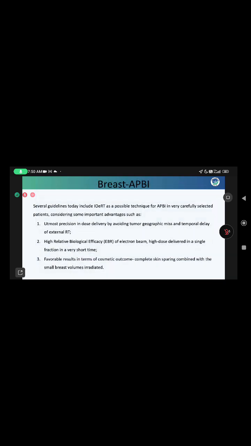So coming to the next site, the breast. With the advent of APBI, IOERT has been included as one of the modalities which can be selected in the treatment of these patients.